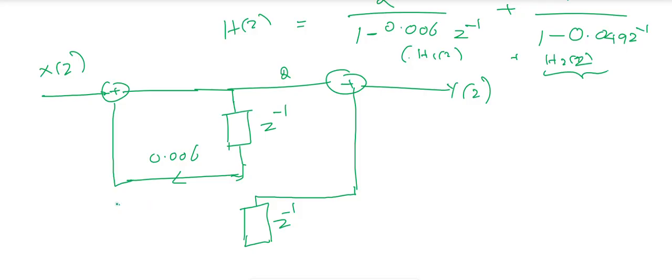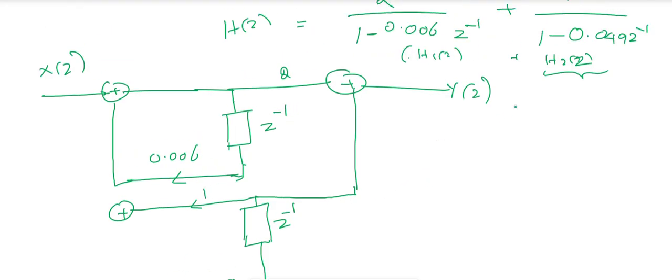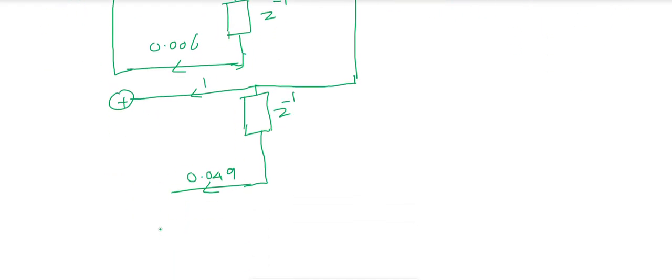The pole for the second one is 0.049, so 1 minus 0.049 z inverse, and the zero is minus 1.